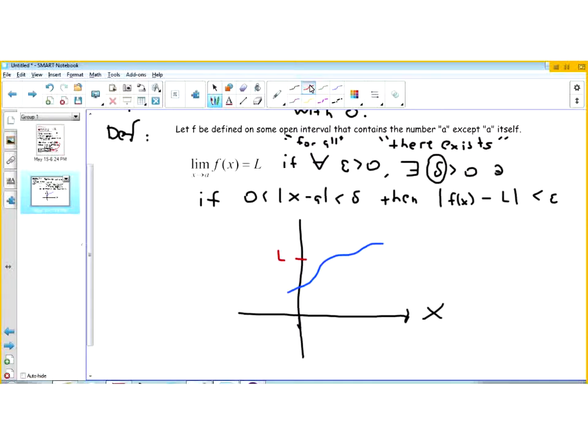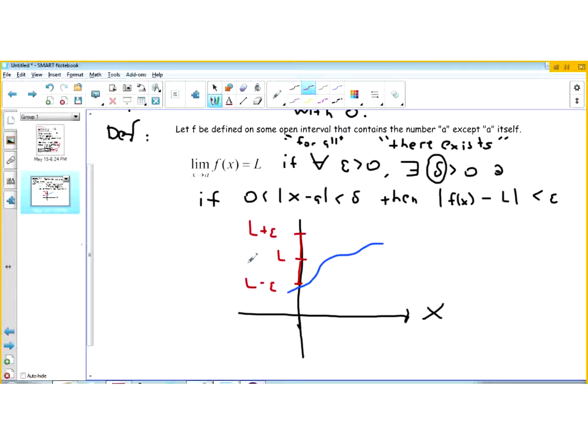Epsilon is any positive number on the y-axis. My choice of epsilon defines a range of y values, and I do this for any epsilon greater than 0. Here's a specific case of an epsilon.